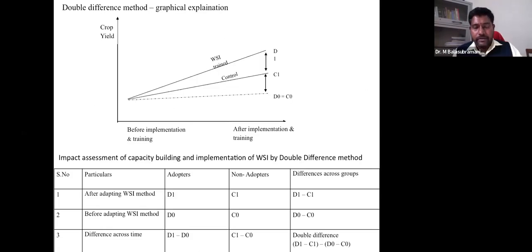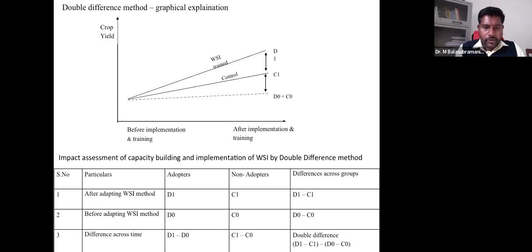From the graph you can identify the difference between these two. This gives the control group before and after, and this figure gives the treatment group before and after.